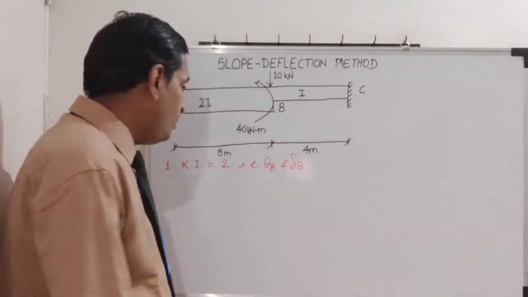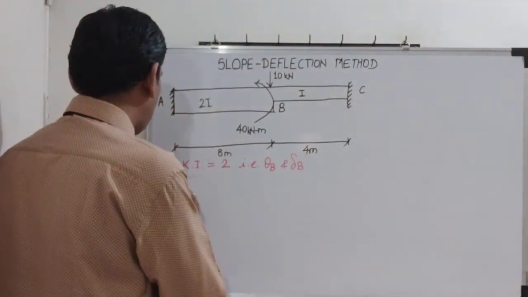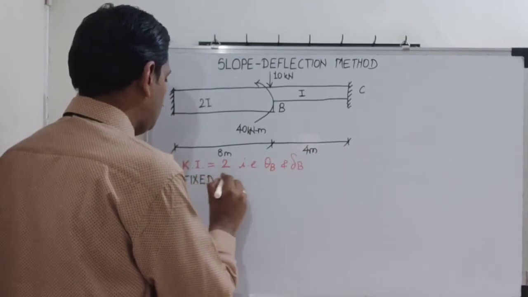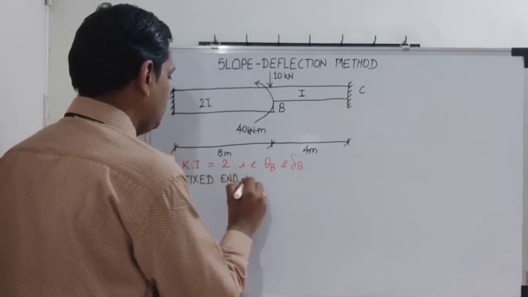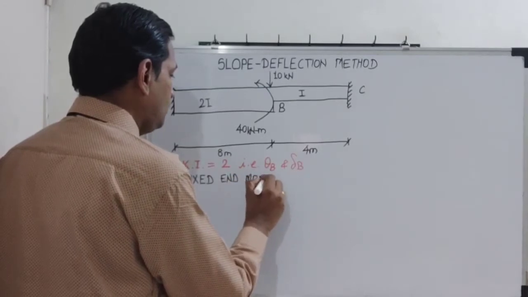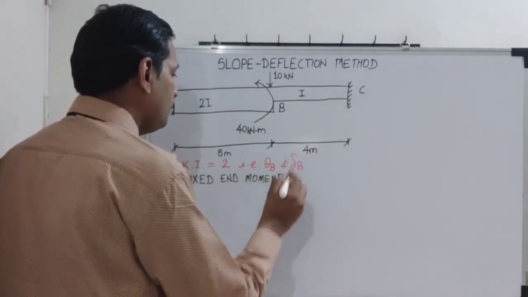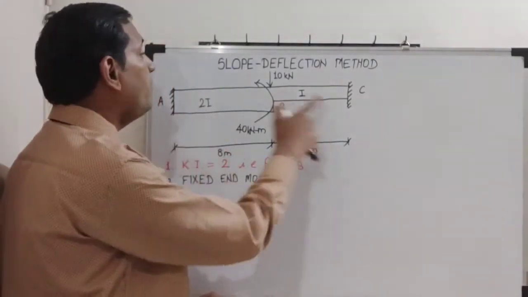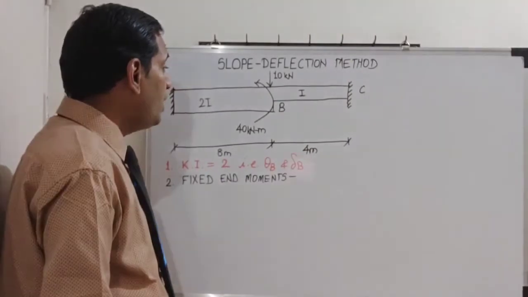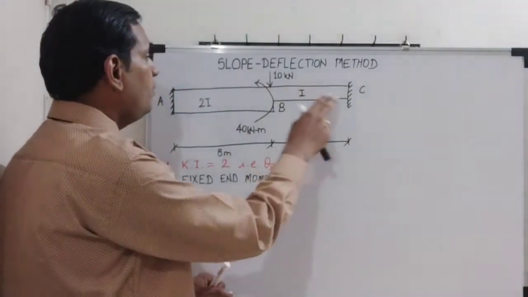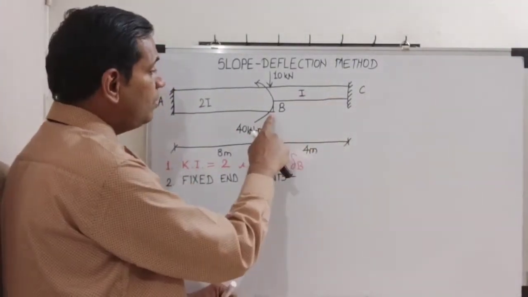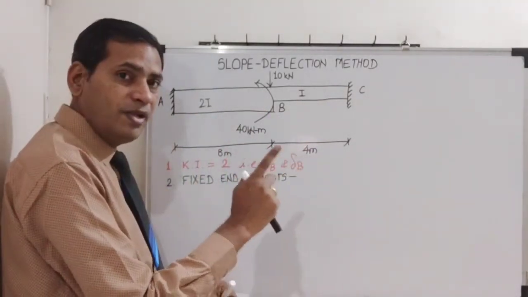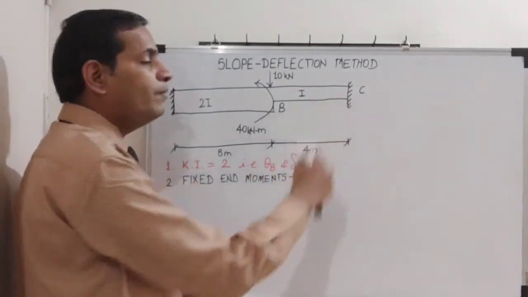The second step will be finding out the fixed end moments. So what are these fixed end moments? Please remember, it is only one span, but we have divided this particular beam into two spans. We are assuming this imaginary support here. So A to B is one imaginary span, and B to C is another imaginary span.